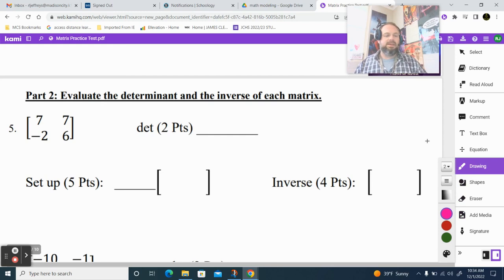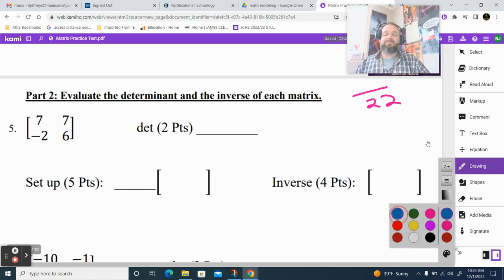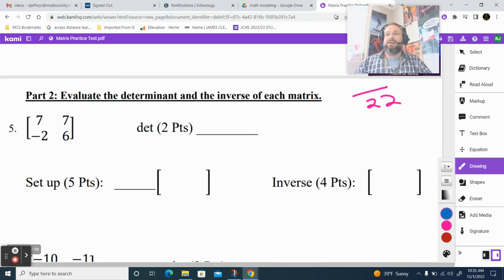Now, let's see. This is 2, 5, that's 7, 11. This section is out of 22 points. Now, this may actually help some people because I looked at the scores for the inverse of the matrix homework.